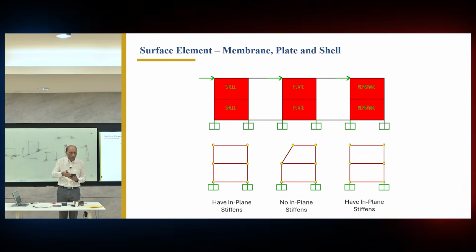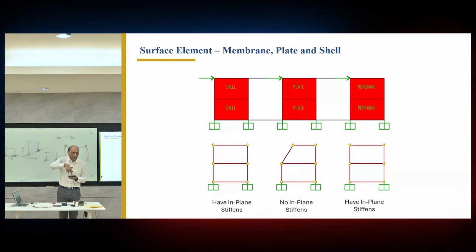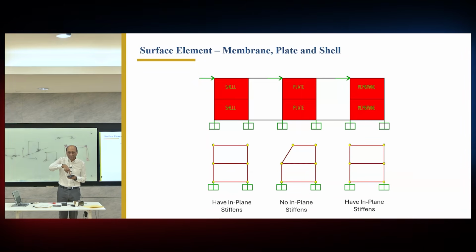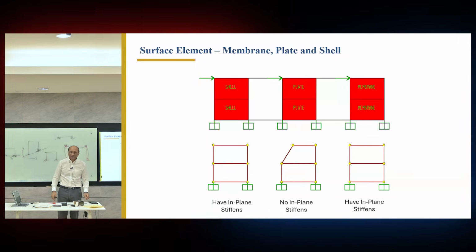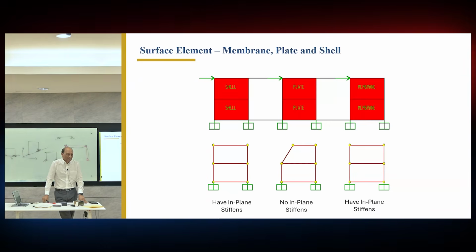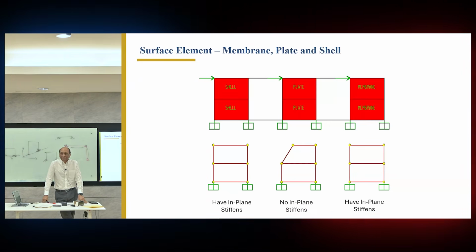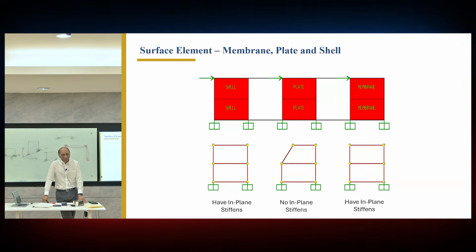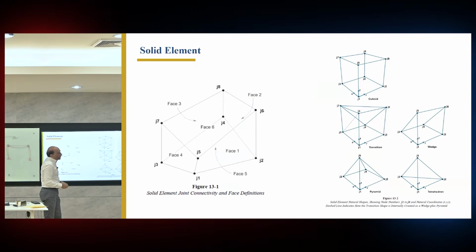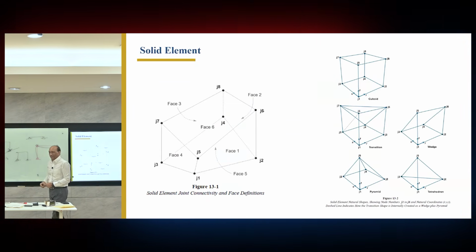Plate will not work. If you apply the load here, then plate will work, shell will work, membrane will not work. Of course, these days people don't even care about that, and they just use shell everywhere because it covers everything.